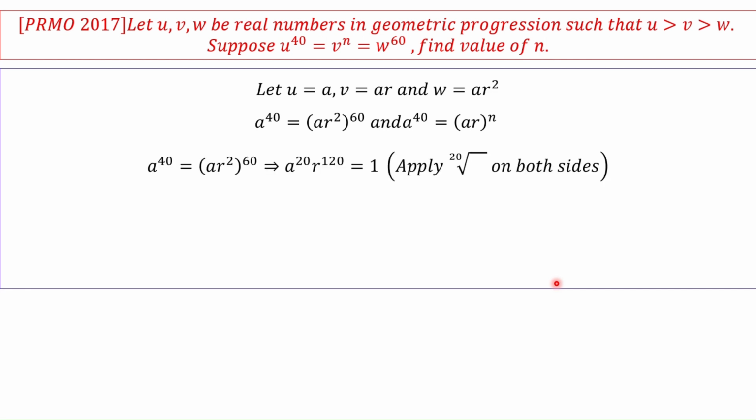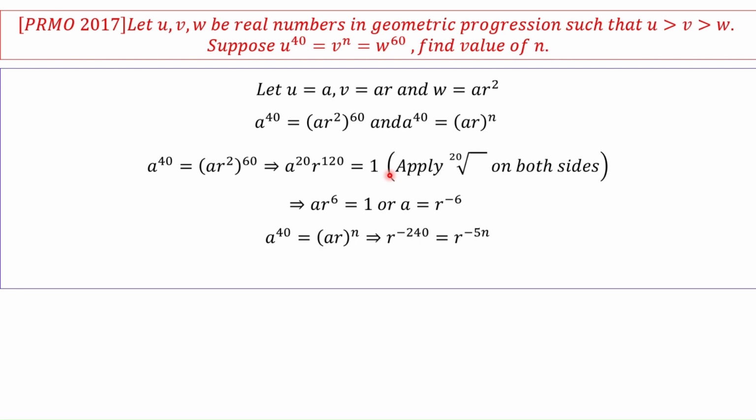This is another equation. So A to the power of 40 equals AR square whole to the power of 60. I can derive A to the power of 20 into R to the power of 120 equals 1. You apply the 20th root on both sides. What you will get is A R to the power of 6 equals 1, or A equals R to the power of minus 6. This is one equation.